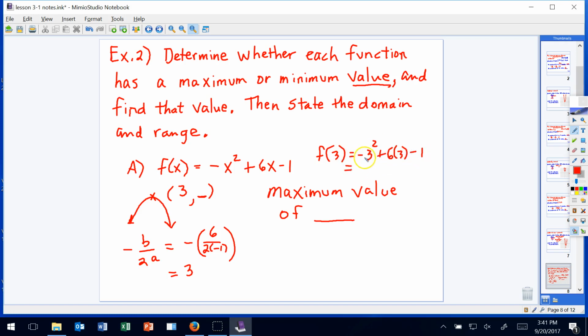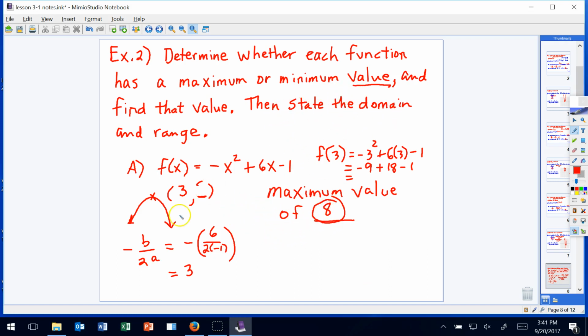So this would be -9, 3 squared, and then the opposite of that, plus 18, minus 1. So it looks like it's going to be 9 minus 1, which is 8. So the answer to, first of all, do we have a maximum or a minimum? We have a maximum because the parabola opens down, and the value is the y-coordinate of the vertex. We found that to be 8.